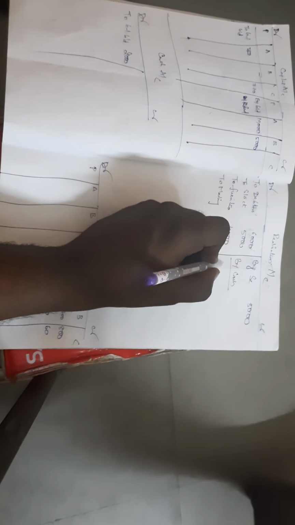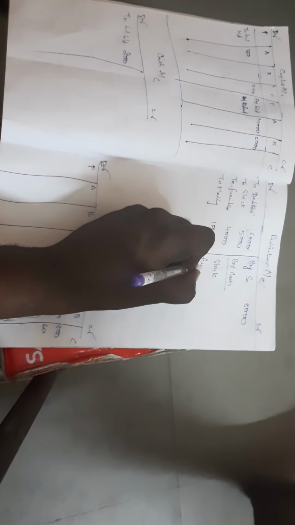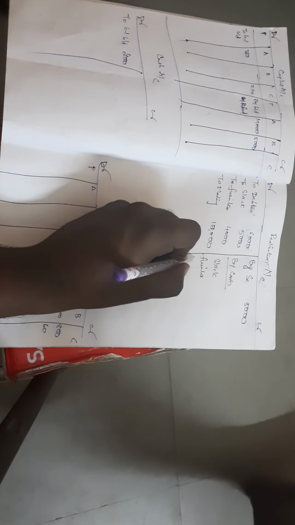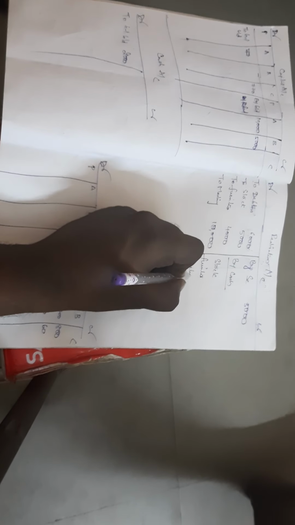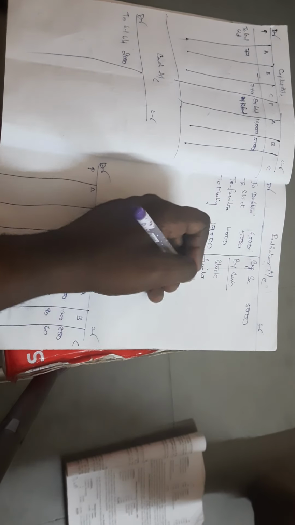So I'm writing here by cash. So what are the assets realized by cash?